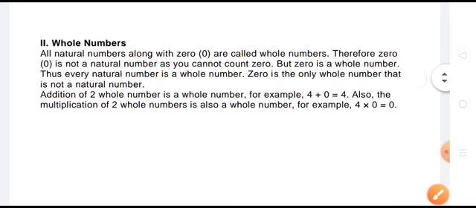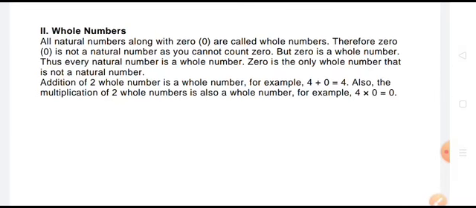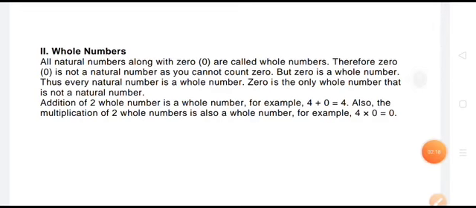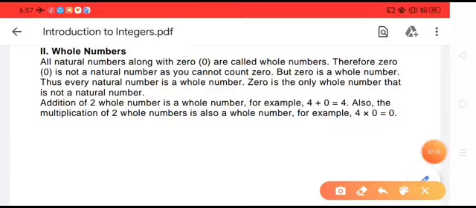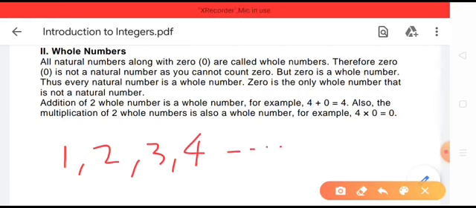Now we know what whole numbers are. All natural numbers along with 0 are called whole numbers. Every natural number is a whole number. 1, 2, 3, 4, and so on are all natural numbers, and when we add 0, they become whole numbers.